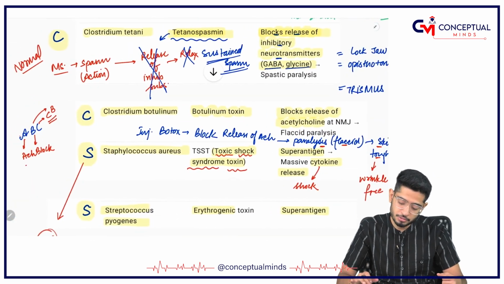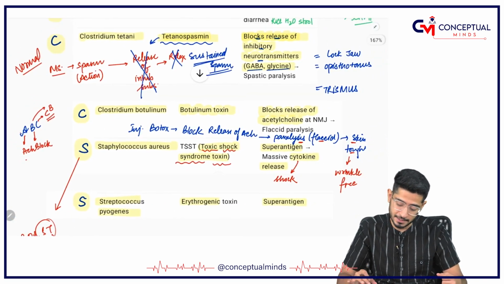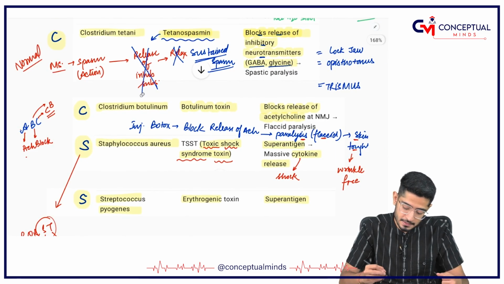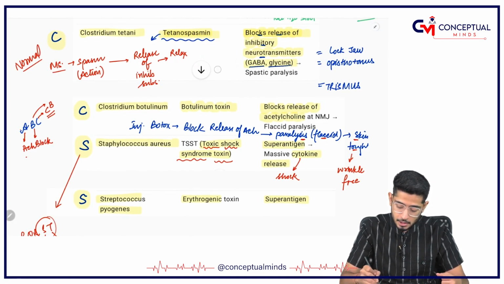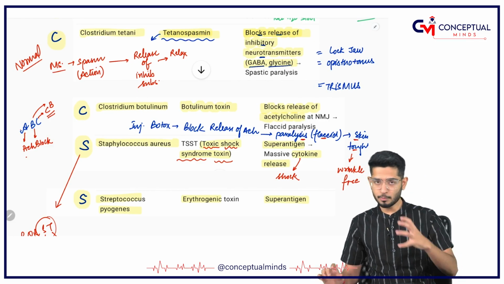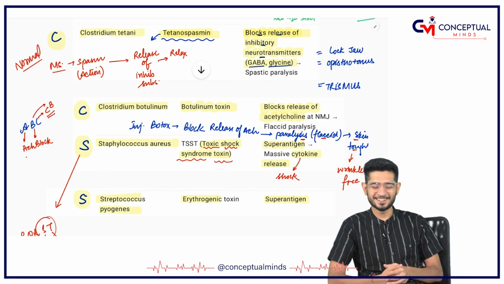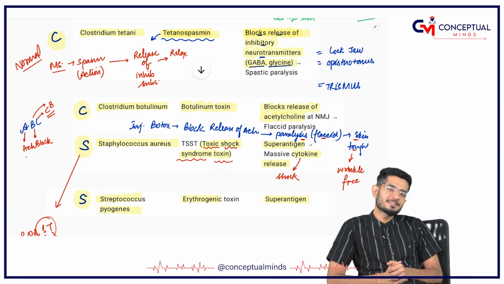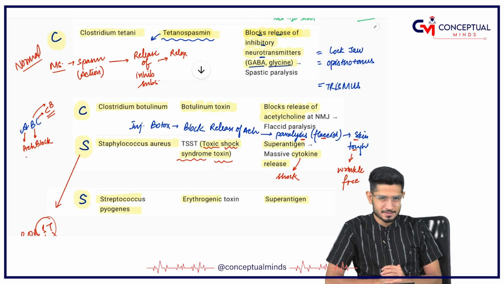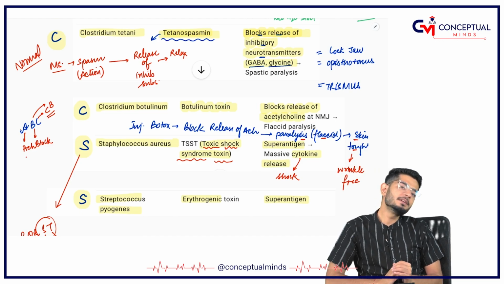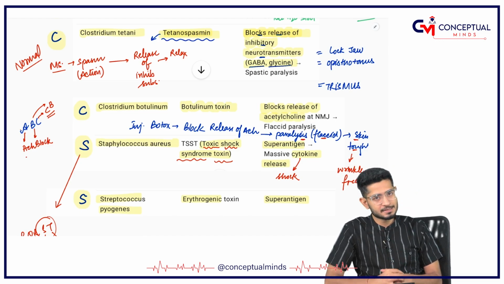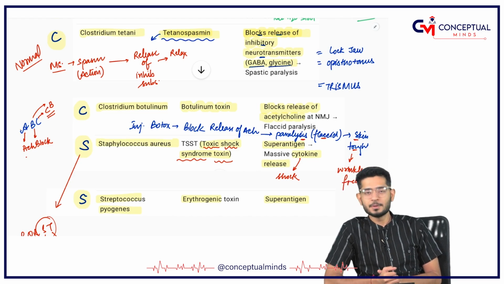Okay, coming on to the next part, that is Clostridium tetani. So normally what happens and what does tetani do to your body? Please understand. Normally, if the muscle is in spasm, there will be some inhibitory substances which are going to inhibit the muscle spasm.